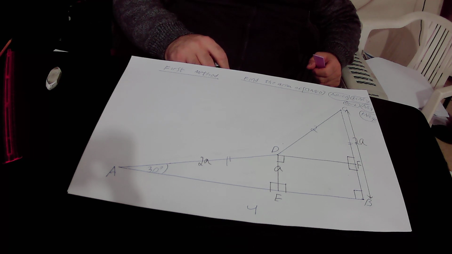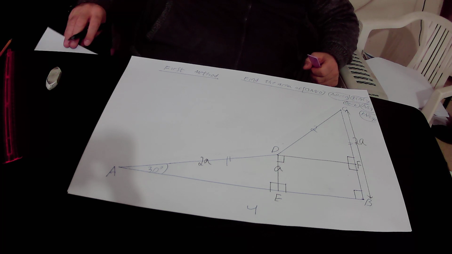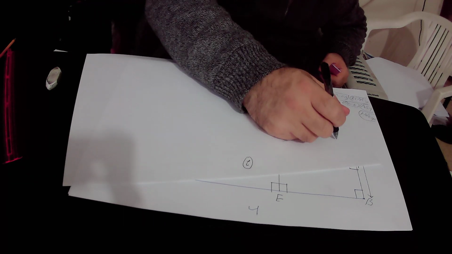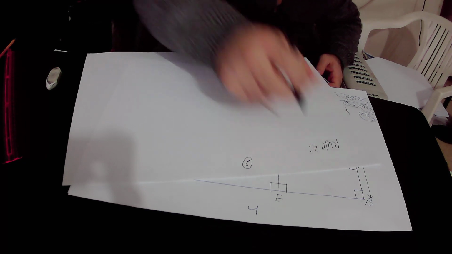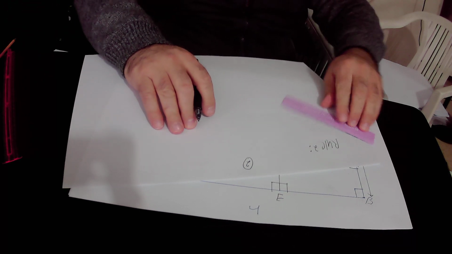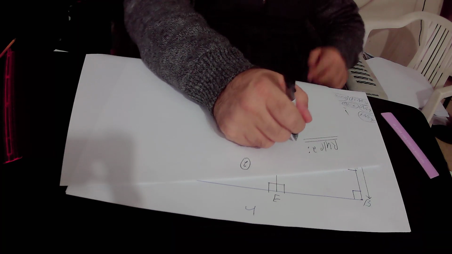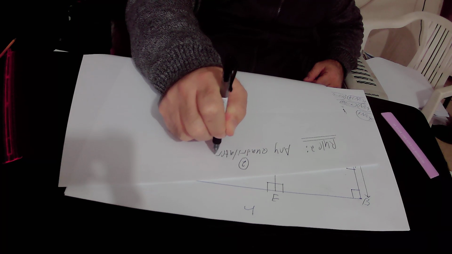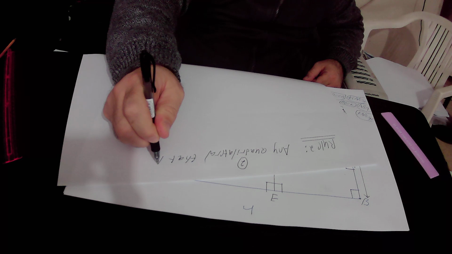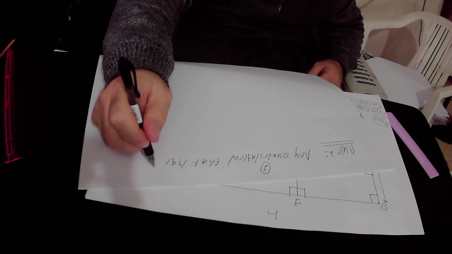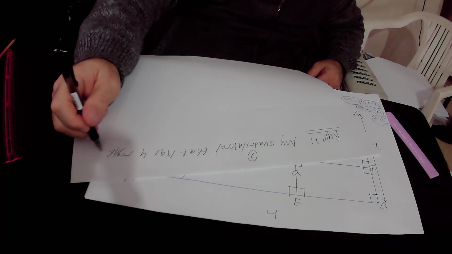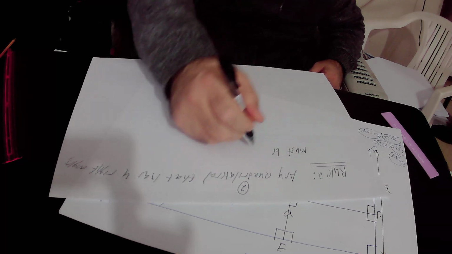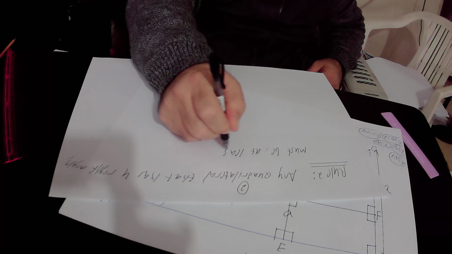And we also have rule number 2. According to rule number 2, any quadrilateral that has four right angles must be at least a rectangle.